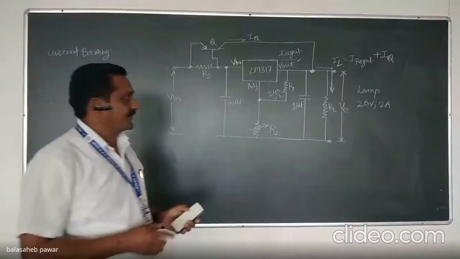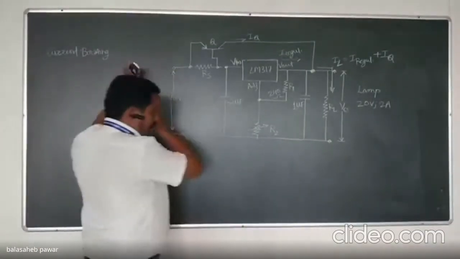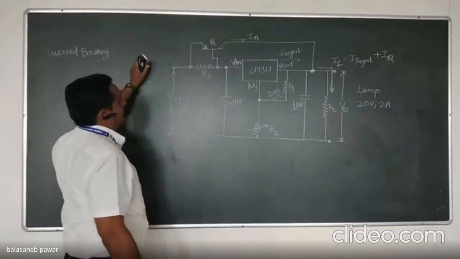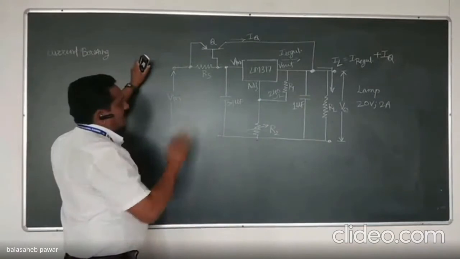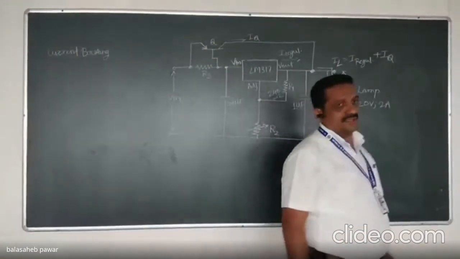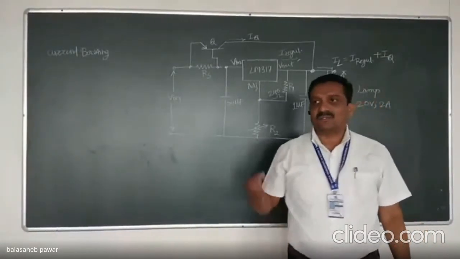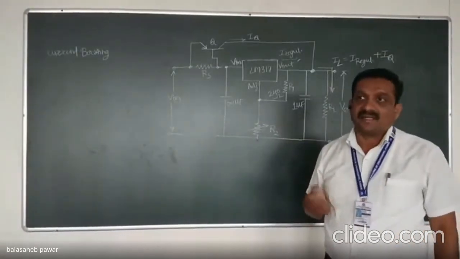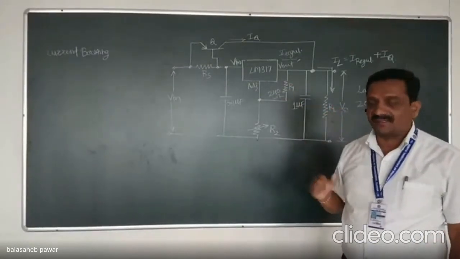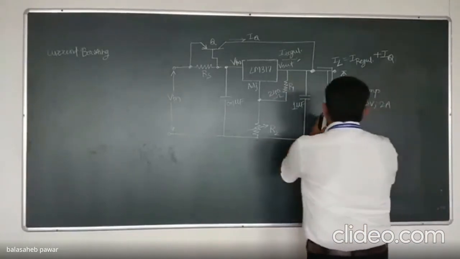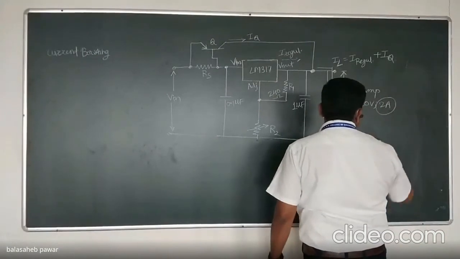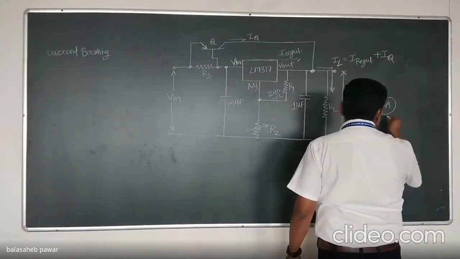Yes, sir. Okay. So see, we'll take one example so that it will be very easy for your understanding purpose. We're going to consider only 700 milliamperes of current we will consume from the regulator IC, and remaining current we will consume from the transistor. So when our load current requirement is the same, that is 2 ampere lamp, then how should that 2 ampere get divided?